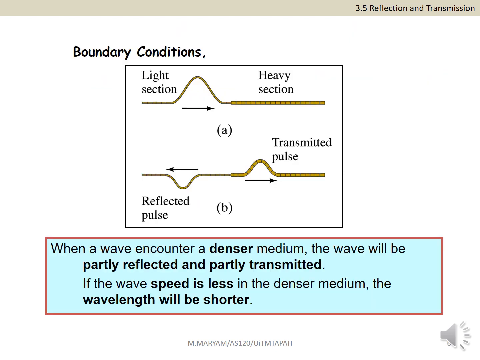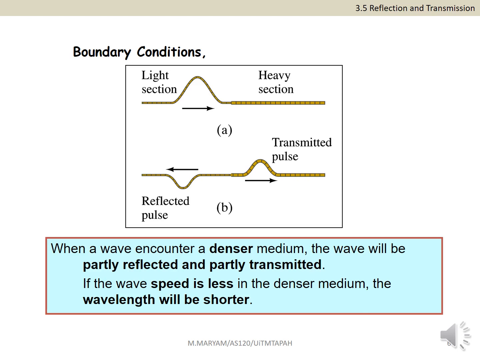For the boundary condition, as you can see in the figure, the medium is different. One is a light section, the second is a heavy section. When two media occur, half of the wave will reflect and half will transmit, as I mentioned earlier. When a wave encounters a denser medium, after it reaches the end here, it will transmit and reflect.